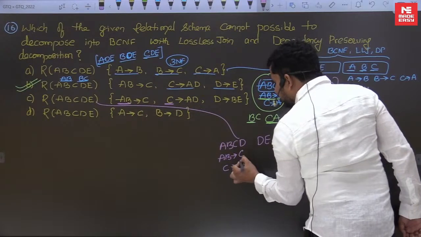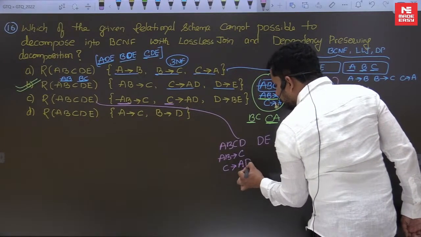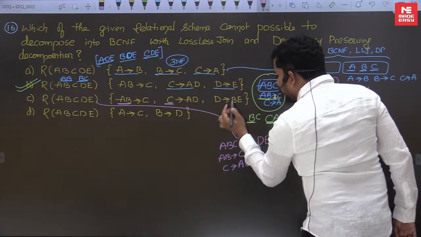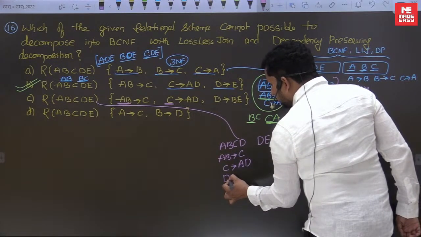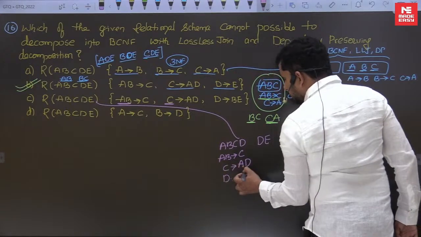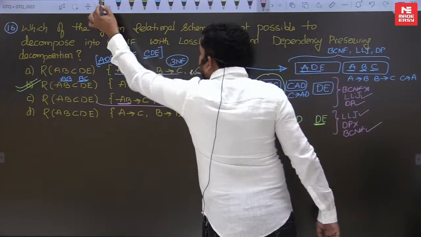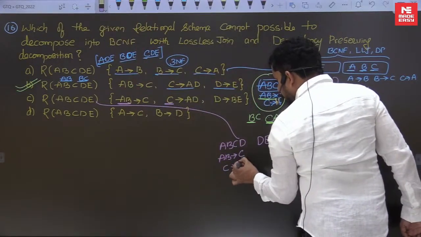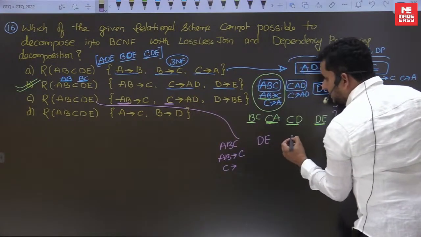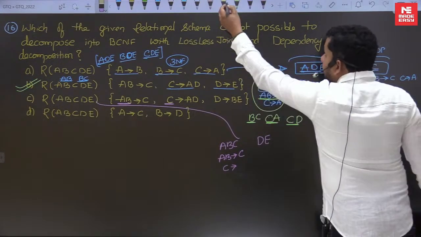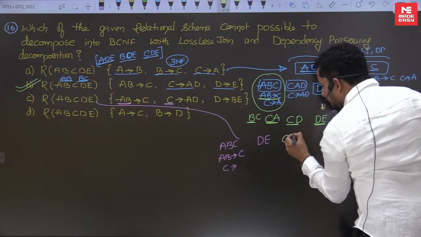C determines A as well as C determines D, and D determines B. You can also decompose ABC in one table and CD in another table.